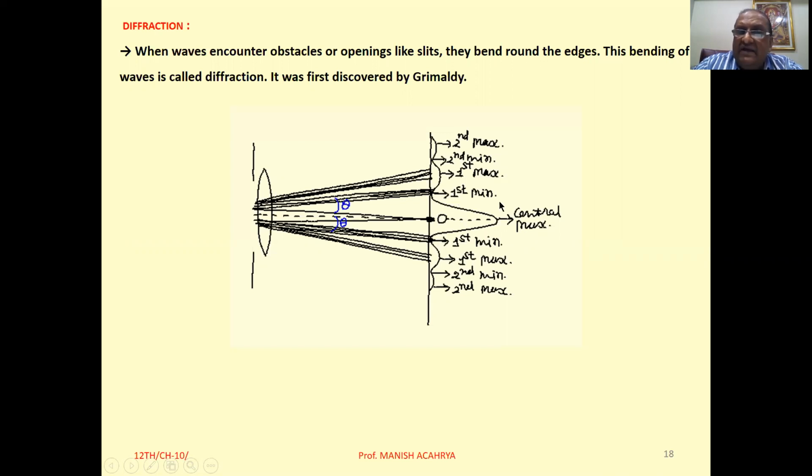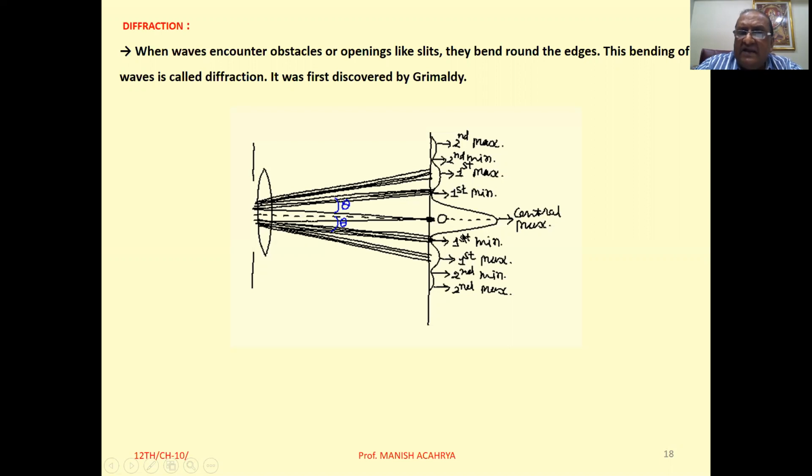Again, on either side, you will get the intensity of light, which is known as first maximas. But here, the intensity of the first maxima will be very much less than the intensity of the central maxima.